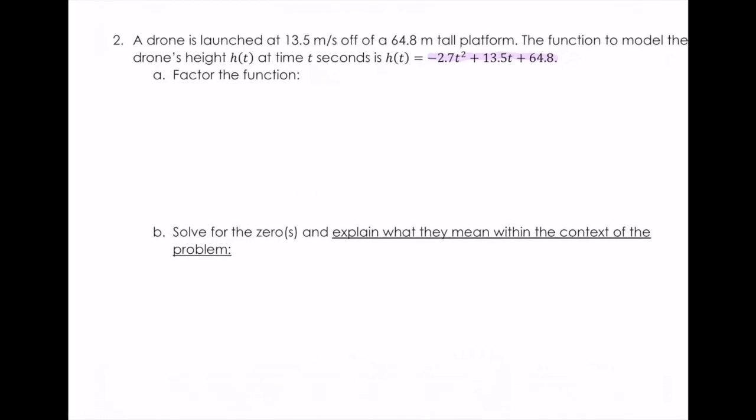We want to factor this function, so we're going to have to get t by itself. So negative 2.7t squared plus 13.5t plus 64.8. In order to get t by itself, we have to get rid of this negative 2.7 right here. So let's divide every term here by negative 2.7. We can use our calculator skills here to figure out what these numbers are going to be.